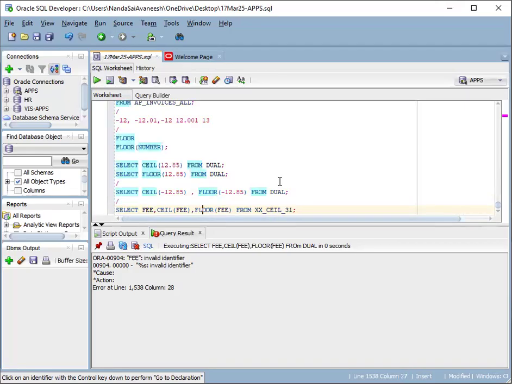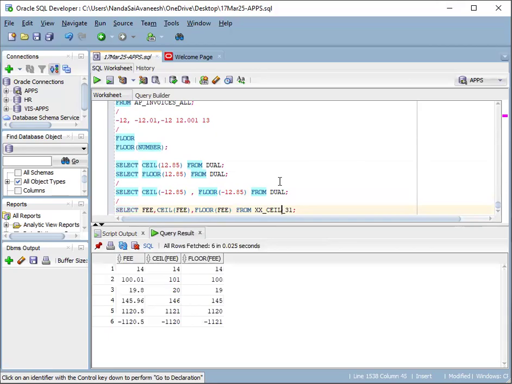Yeah, select fees, ceil of fees, floor of fees from the ceil table we have taken previously. See the difference here. This is 14, and ceil of fees is also 14, floor also 14. Same way, 100.01 ceil is 101, and the floor is 100 only. 19.8, ceil is 20, floor is 19.